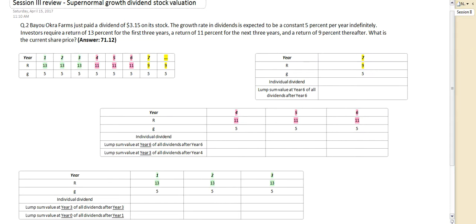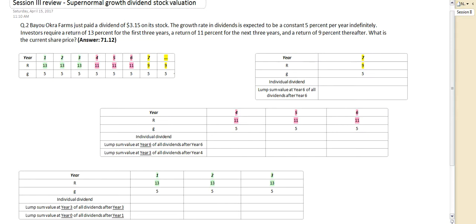So let's read the question together. I already summarized the information that you were given here. This question is different from the other questions we worked before because the growth is not abnormal.